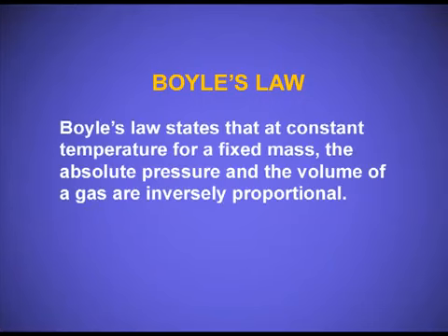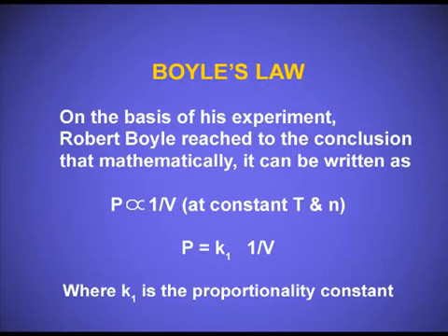Let us define Boyle's law. Boyle's law states that at constant temperature for a fixed mass, the absolute pressure and the volume of a gas are inversely proportional. On the basis of his experiment, Robert Boyle reached the conclusion that mathematically it can be written as pressure inversely proportional to volume at constant temperature and number of moles.